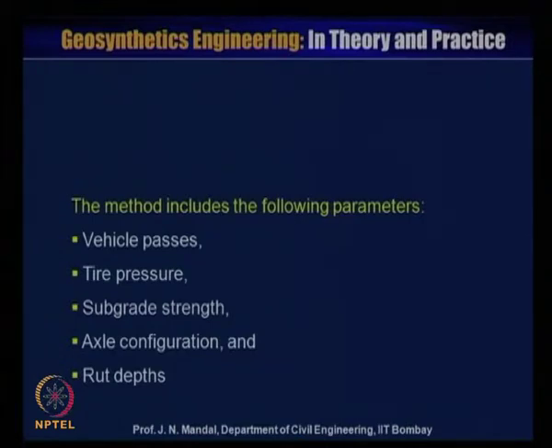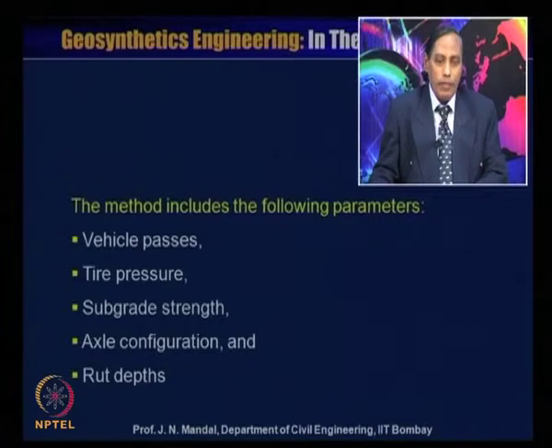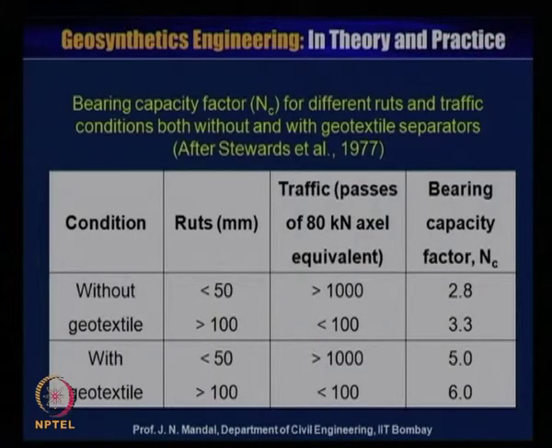This method includes the following parameters: vehicle passes, what will be the tire pressure, what will be the subgrade strength, what will be the axle configuration and rut depth. So, this table gives the condition of rut and the traffic and what will be the bearing capacity factor.